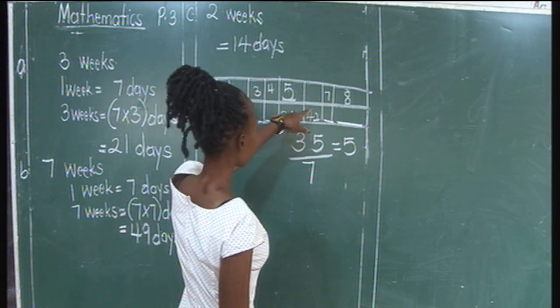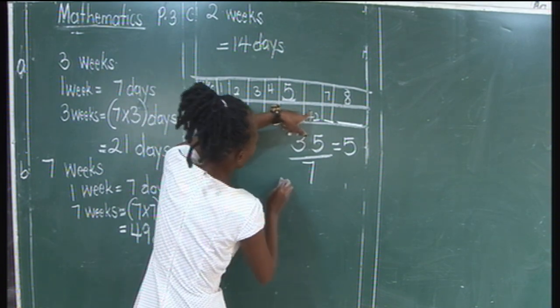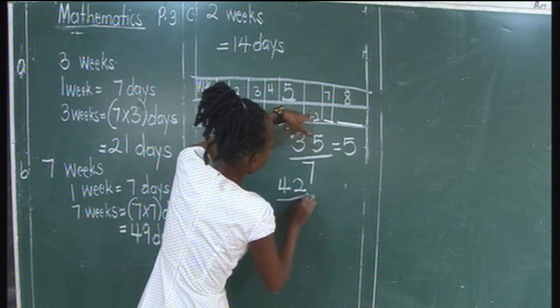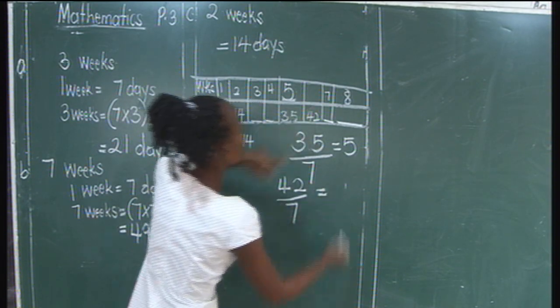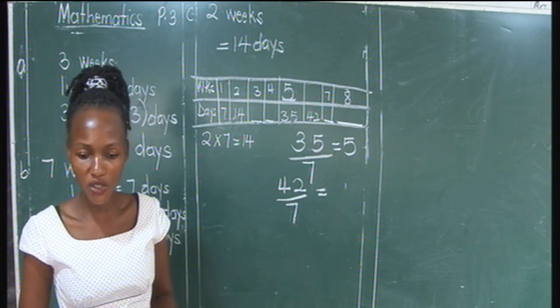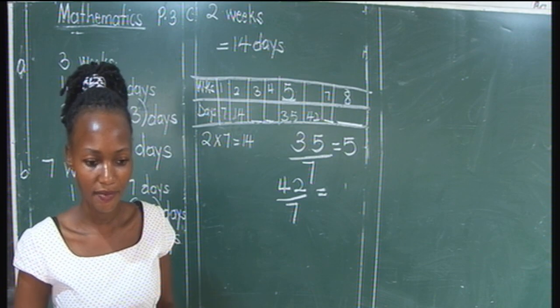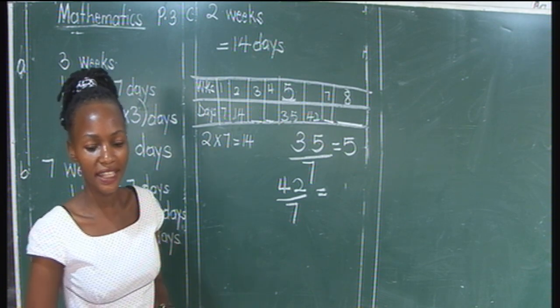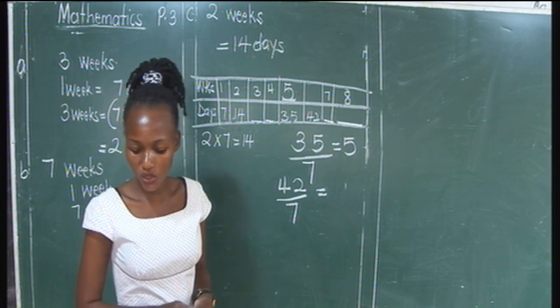Let's also work out this one. 42 divided by 7. What do you get?